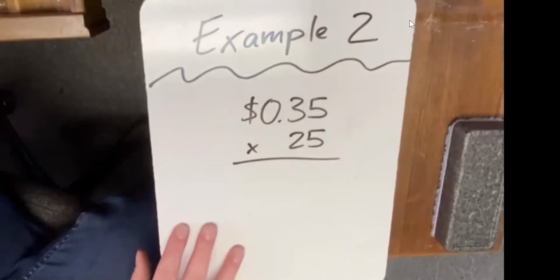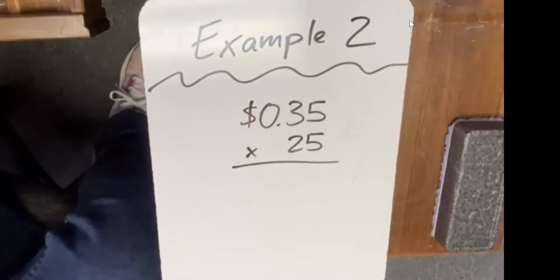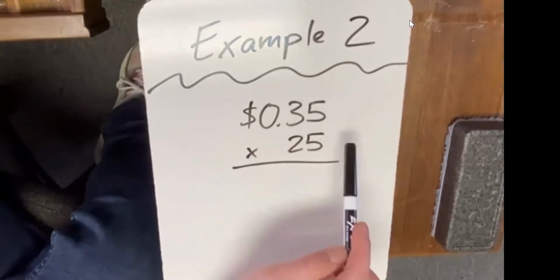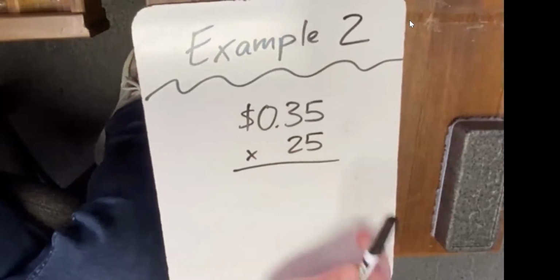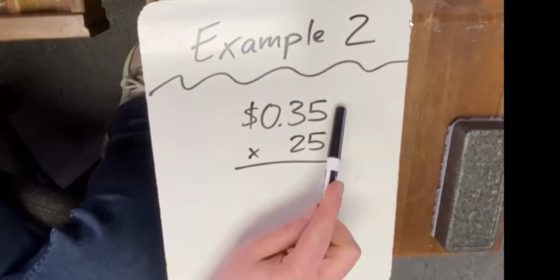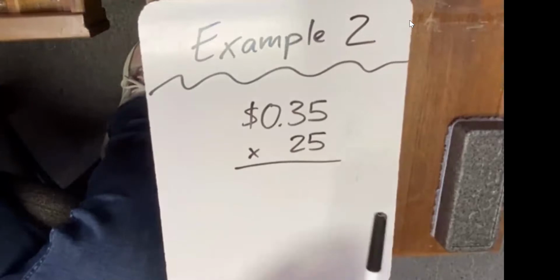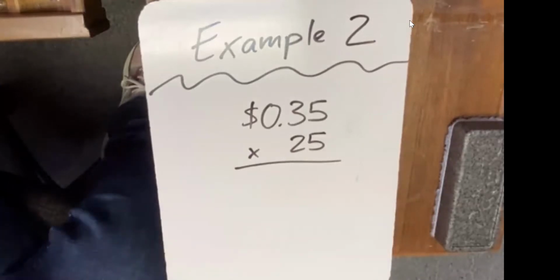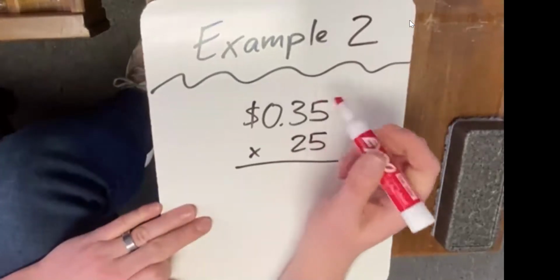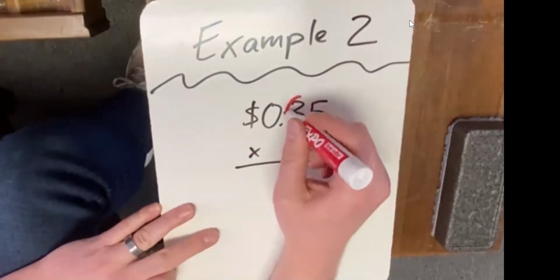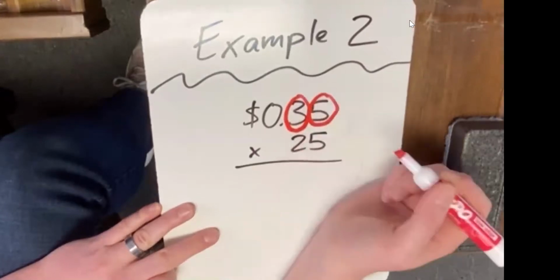Okay, so for example 2, here's what we have. We have 35 cents times 25. So we are multiplying a decimal times a whole number. So what I like to do for these type of problems is with the decimal, I count how many decimal places there are. There's 1, 2 decimal places.